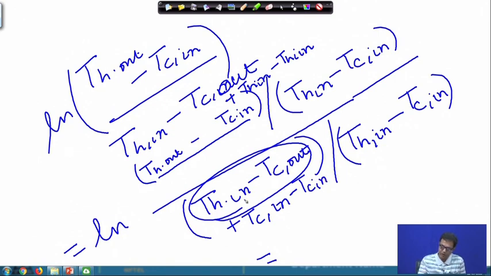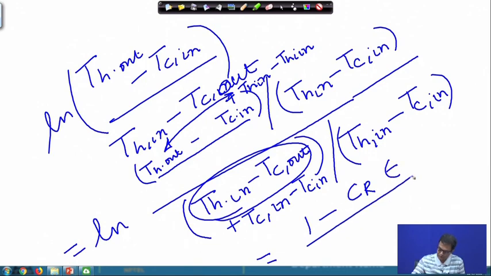So, this will eventually not change the overall expression, but now we can combine this T_H,out and T_H,in, and this will finally come as (1 − C_r) times epsilon by (1 − epsilon).